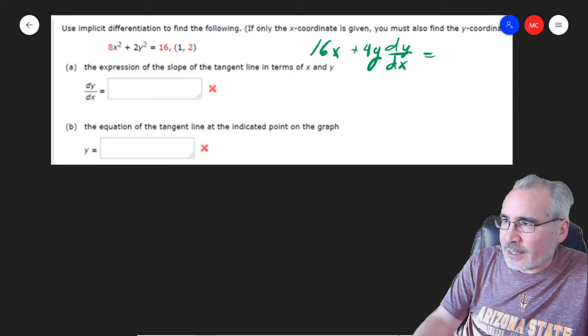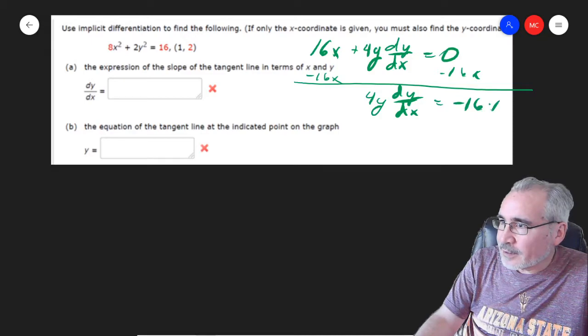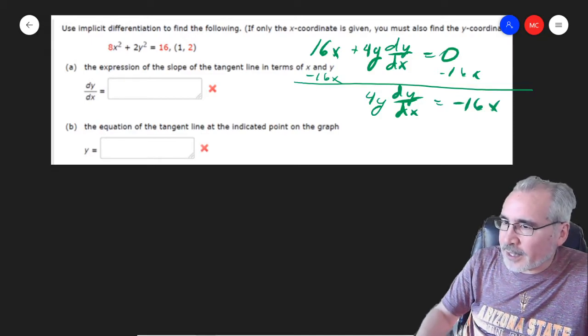And then the derivative of 16 is 0. So we get the 16x over to the other side. It's not too bad, but you just can't do it right into the spot. At least I can't. Some of you might be able to do that. And then we divide by 4y.